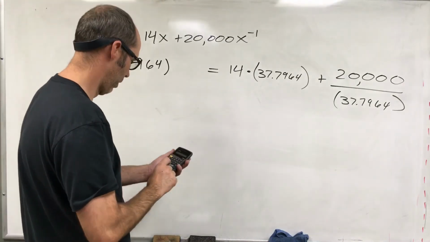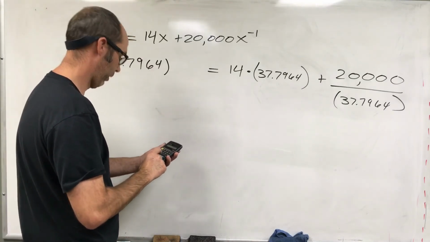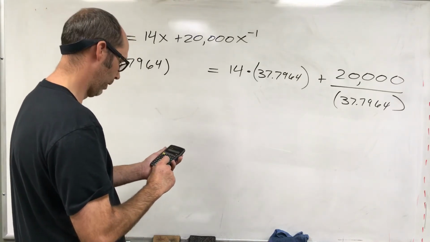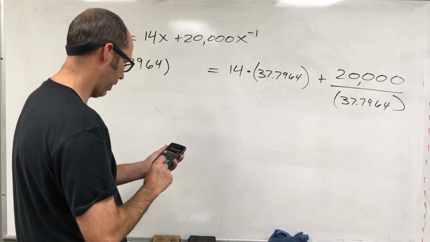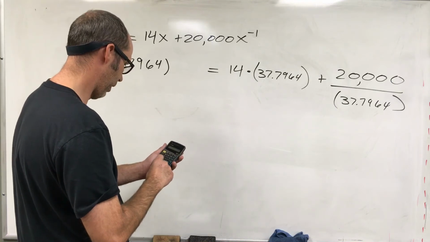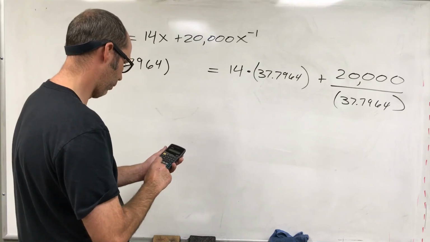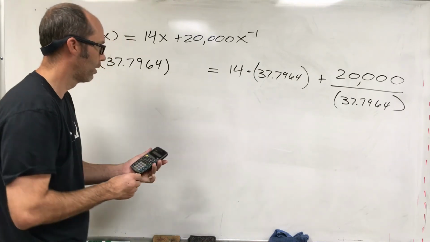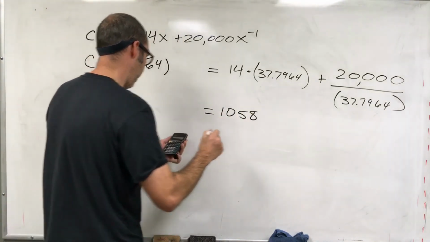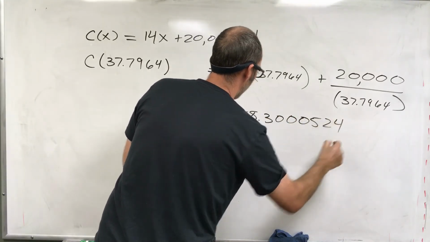So 14 times 37.7964 plus 20,000 divided by 37.7964 is 1058.3000524.